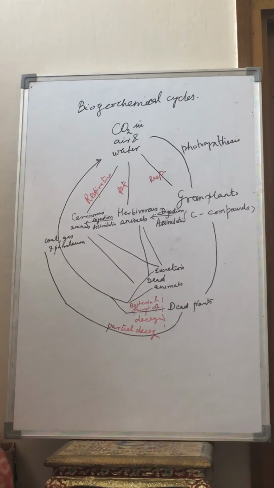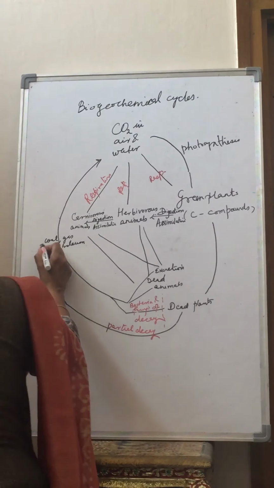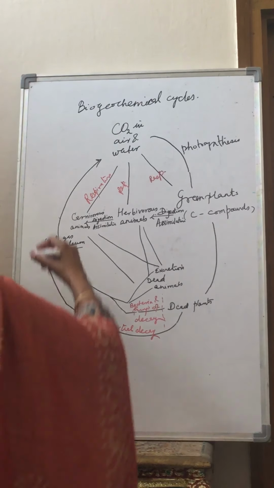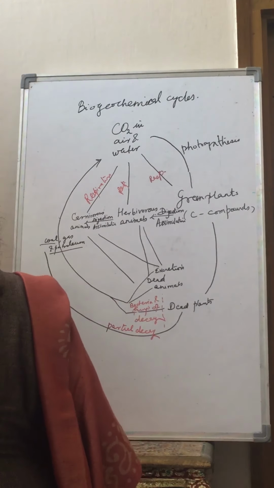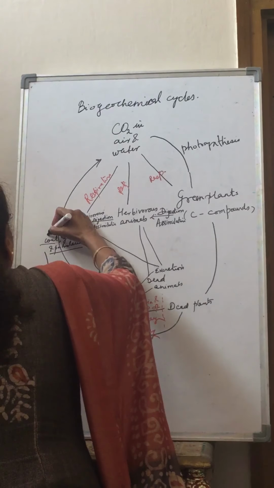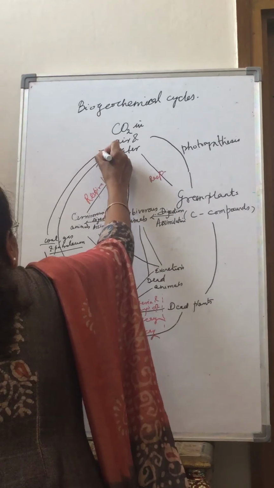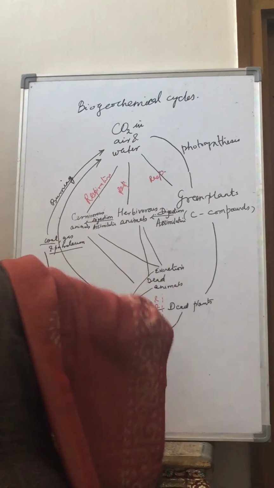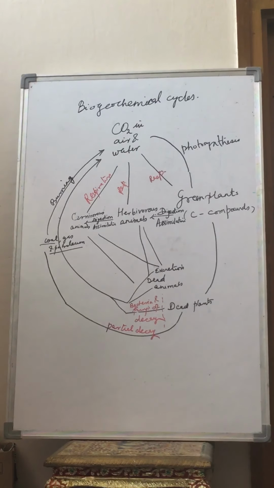Here the carbon dioxide gets locked up in the coal, gas, and petroleum, and whenever it is taken out and burned, carbon dioxide is released back into the atmosphere.